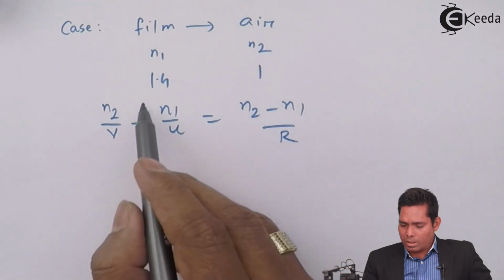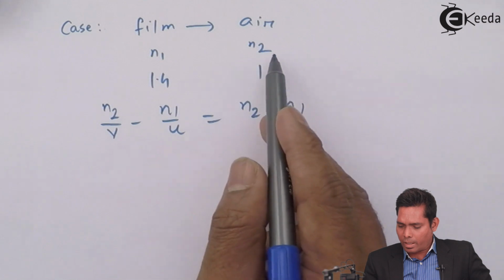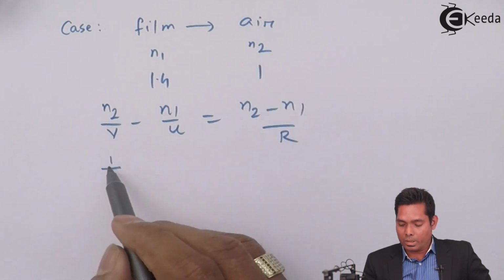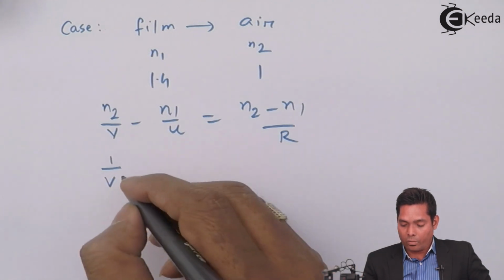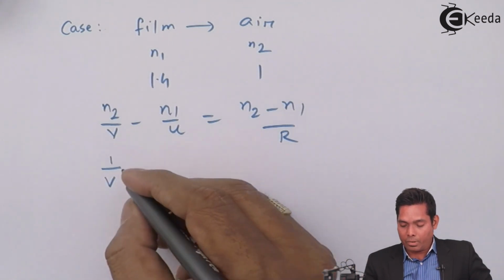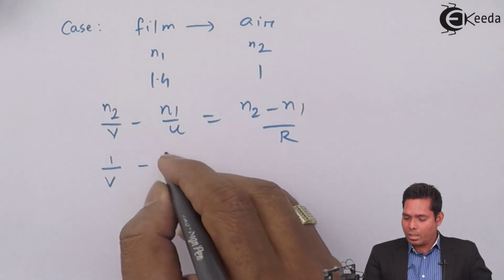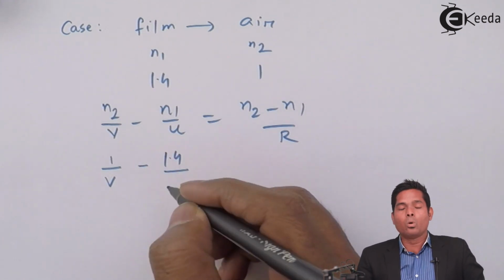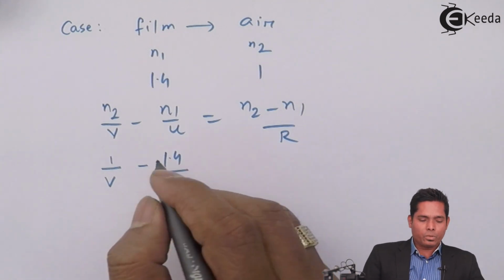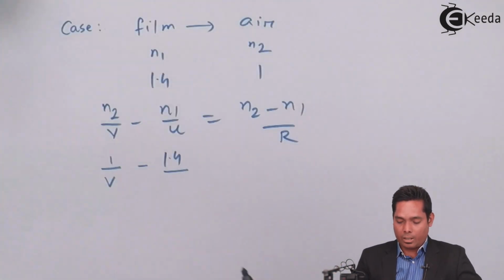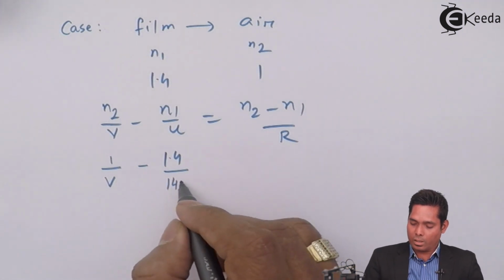Now, n2 is 1, divided by the final image distance, suppose v, minus n1, which is 1.4, divided by u. U is the object distance, 14r. So this is 14r.